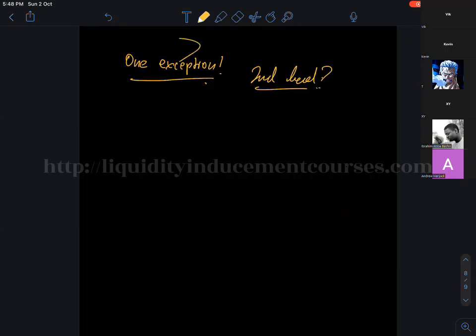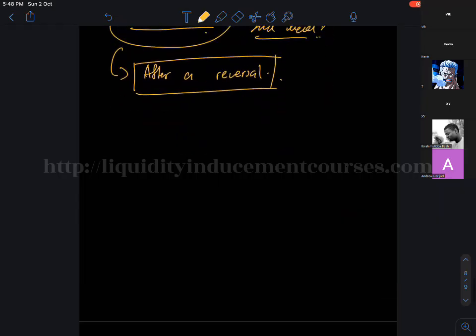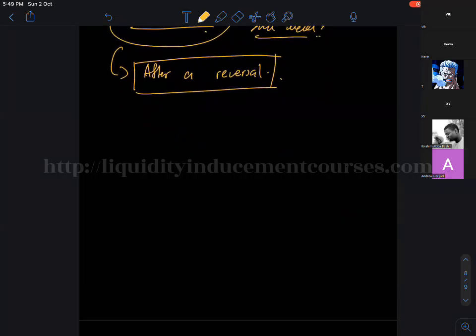There's only one exception to this, which is after a reversal. So let's say this is a daily or weekly level, not after reversal, basically after touching the D or W level.